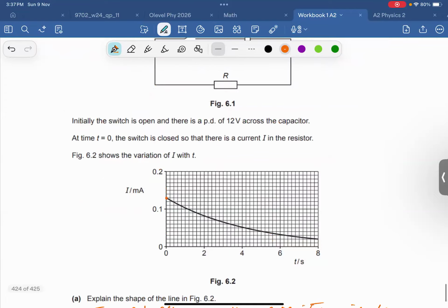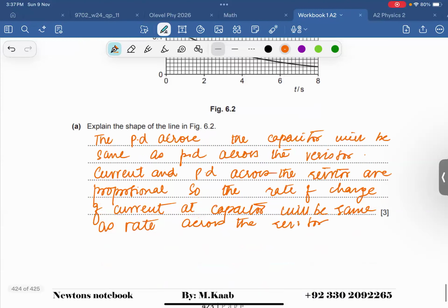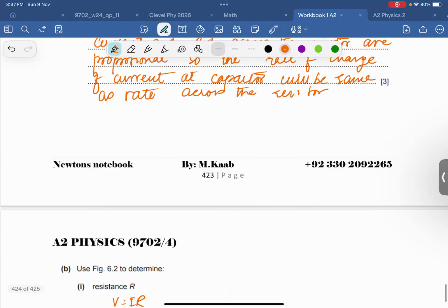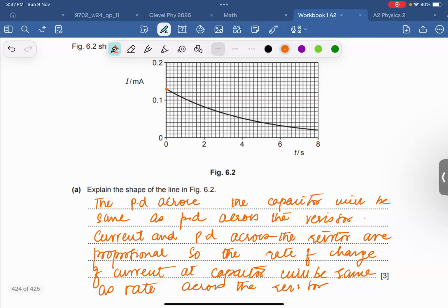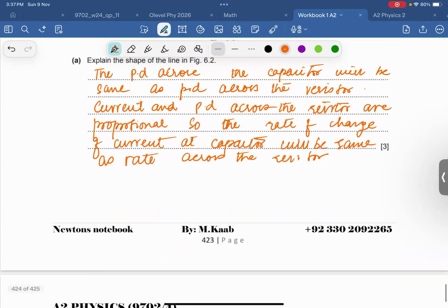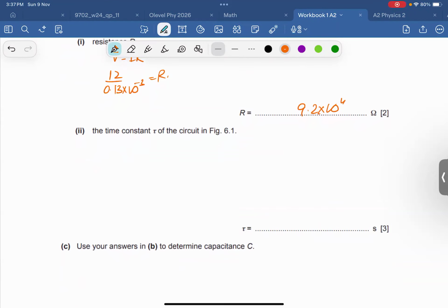Now they're saying the time constant. To find the time constant, we have to read off from the graph. Initial current: I is equal to I naught e power minus t upon tau.